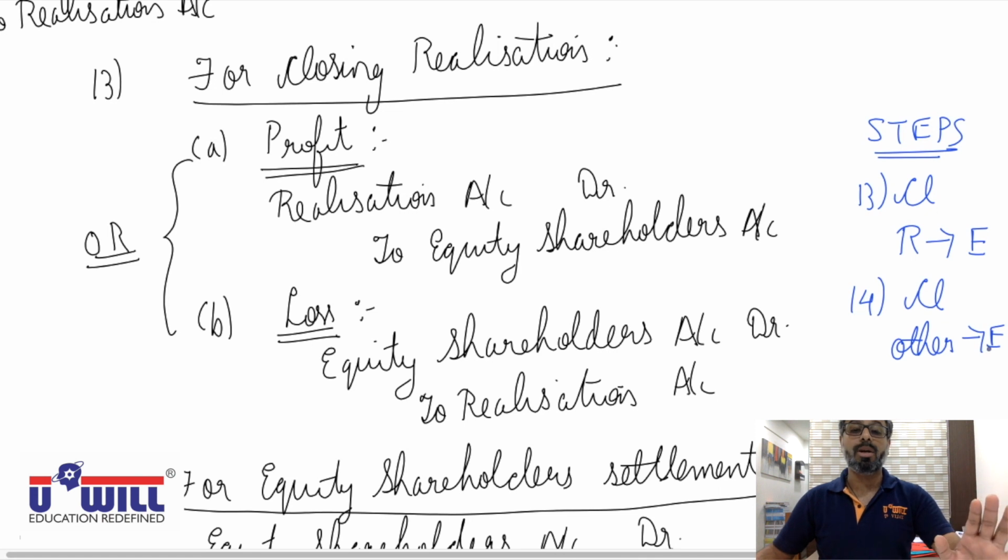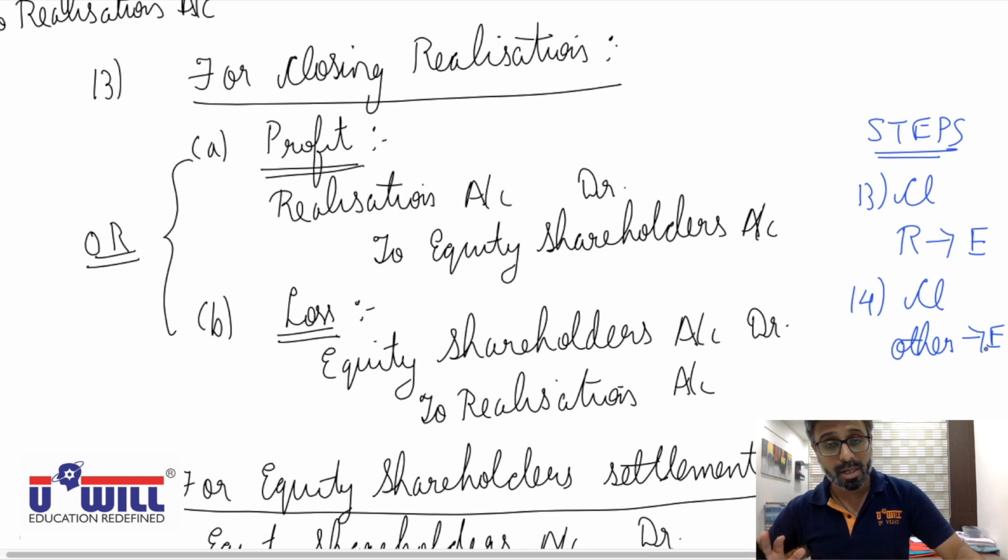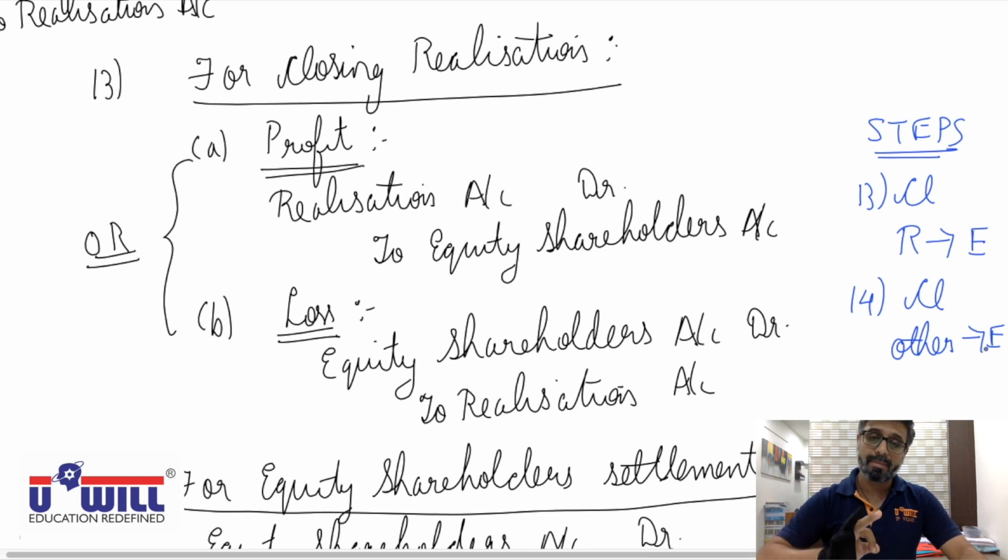And the equity shareholders account must get closed and balanced, tallied. If equity shareholders finally gets tallied, it means all your entries are right. So instead of remembering the 13th and 14th entries, you just remember two steps. 13th step, close the realization account and transfer to the equity shareholders account. 14th step, close all other remaining ledger accounts and transfer to the equity shareholders account. Equity shareholders must get balanced, tallied.